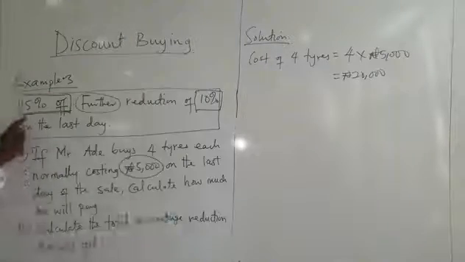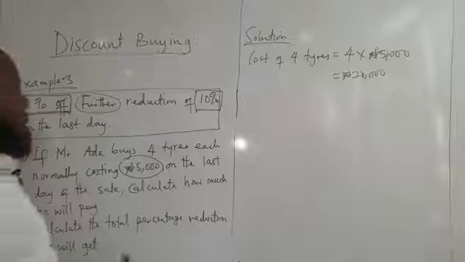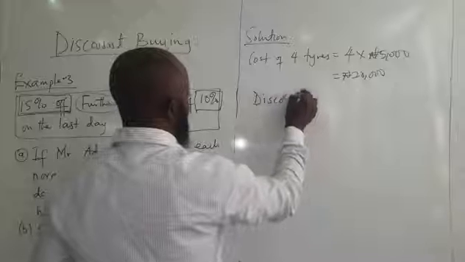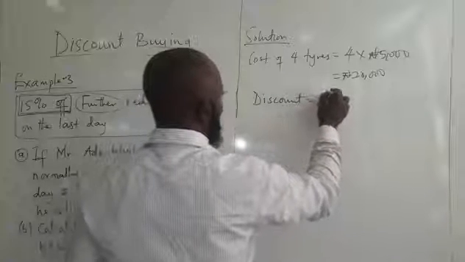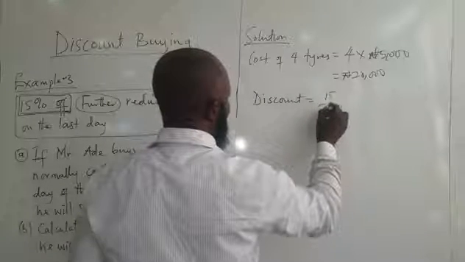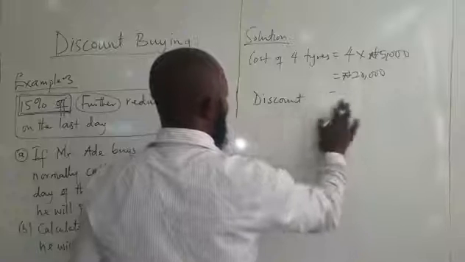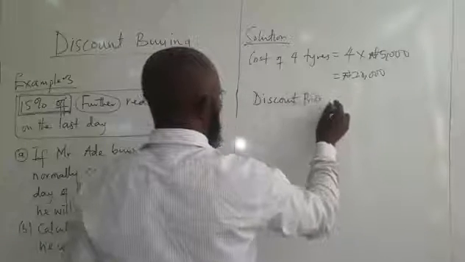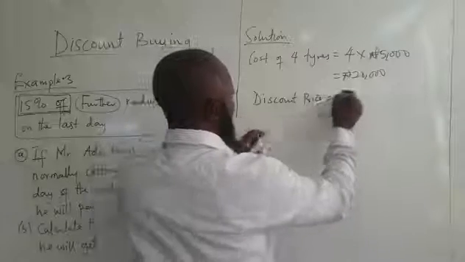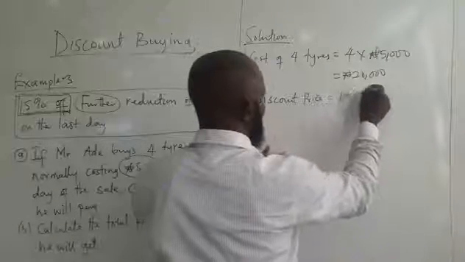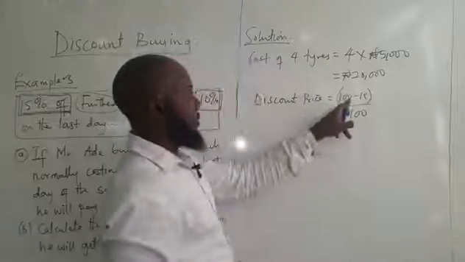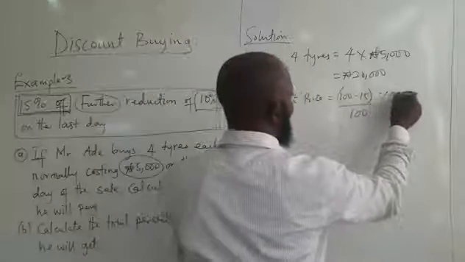But it's going to get the discount of what? 15%. So let's calculate the discount price straight. The discount price will then be 100 minus 15, divided by 100, multiplied by 20,000.